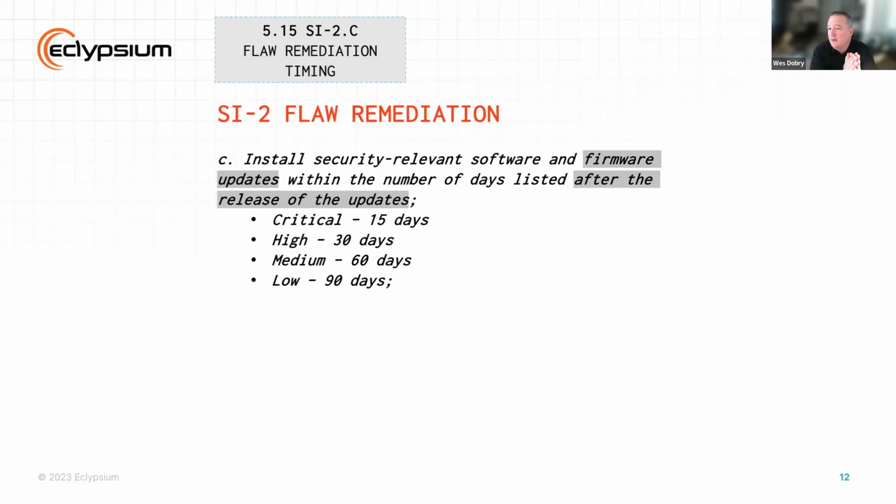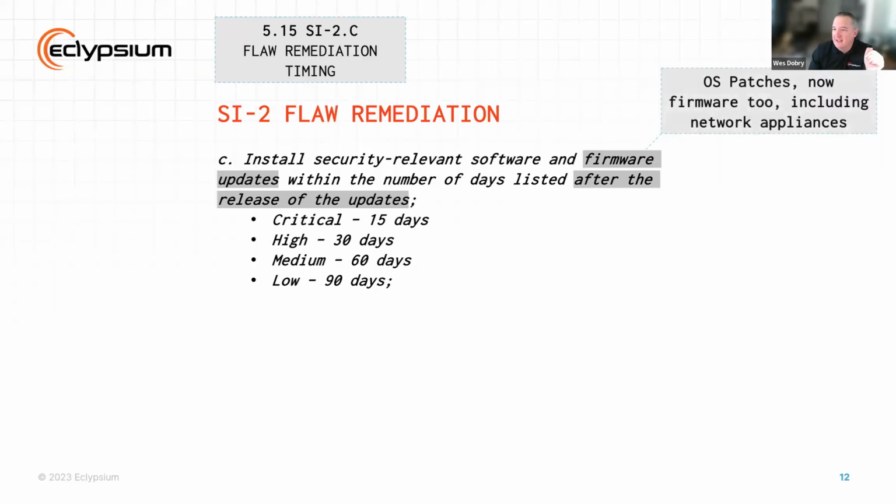So now it's no longer just software updates. They've added that you have to manage and maintain firmware updates within a certain number of days after the release. So this means that not only do we need to manage firmware of all of our things like our desktops, laptops, and servers, we also need to make sure that we are patching the operating system on all of our network appliances within this same time frame.